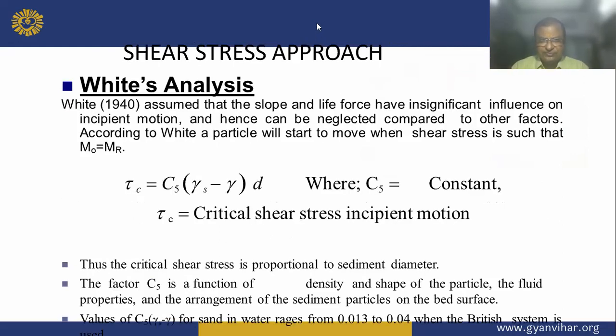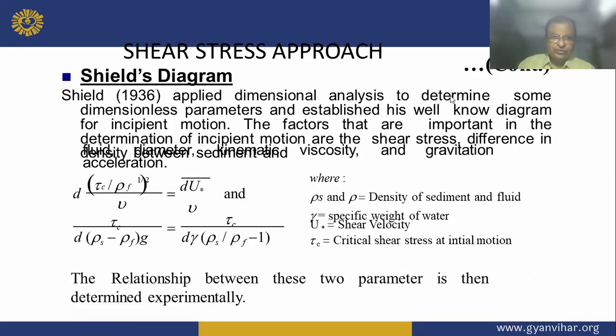Shear stress approach: here the critical shear stress is proportional to the sediment diameter. So dimensional analysis is applied to determine the factor that is important in the determination of incipient motion in terms of shear stress.